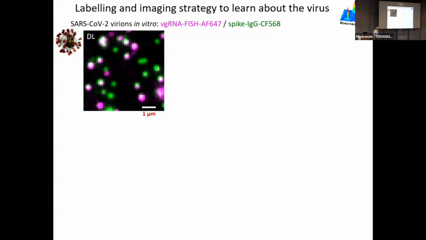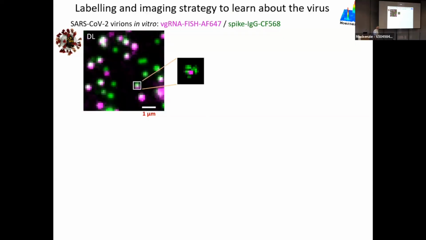Spike is labeled also with a blinking dye, CF568, but it's basically an antibody. So this is immunofluorescence to light up certain things. All right, so those two together show these structures in the diffraction limit.